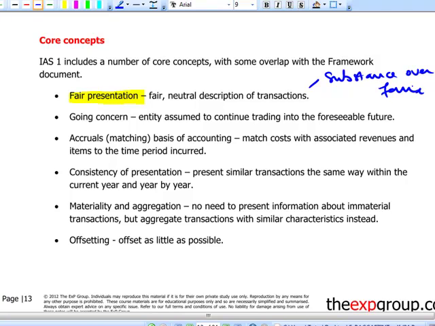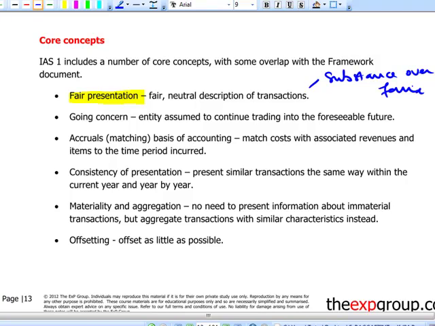So I need to know the substance of the transaction, not just the way in which we have written the contract. It's especially valid, for instance, when we talk about accounting for leases. That's why a finance lease, based on the nature of the transaction, will be reflected as such, not as we might write the contract in order to make it look like an operating lease.